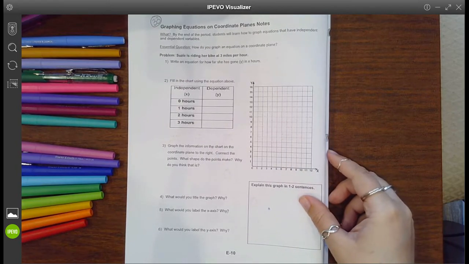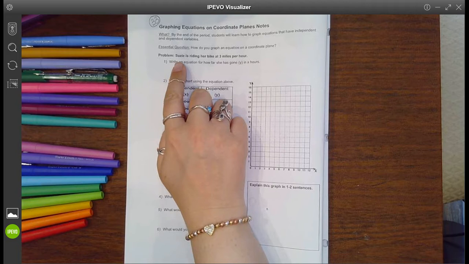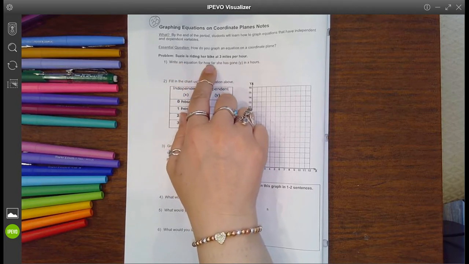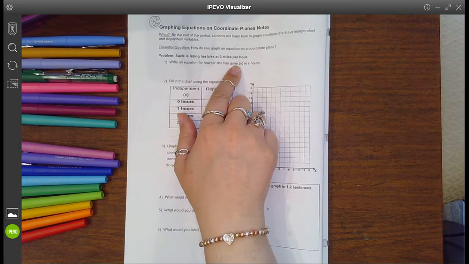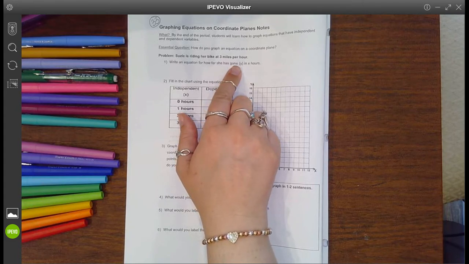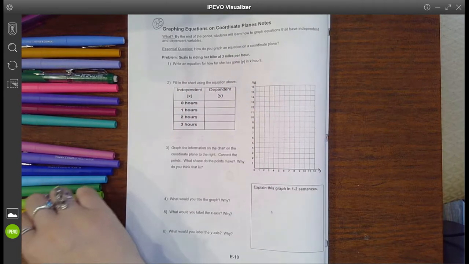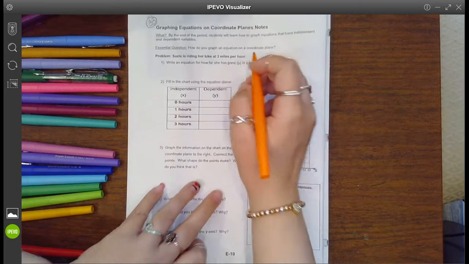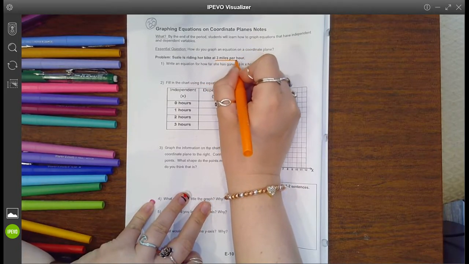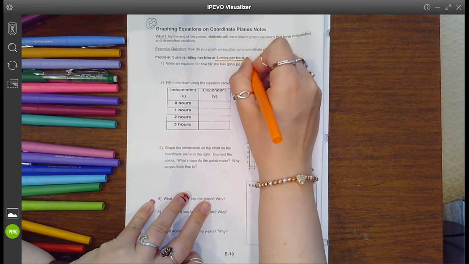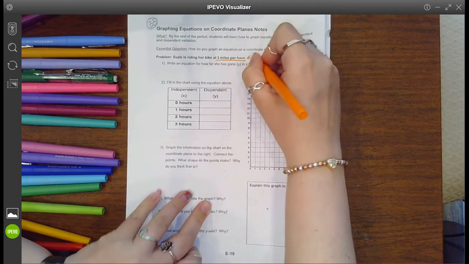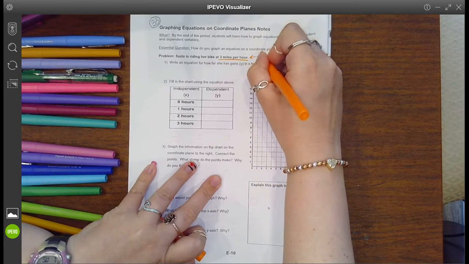So first off, here's our problem. Susie is riding her bike at 3 miles per hour. Whenever you see the word per, each, every, that's going to be your rate.